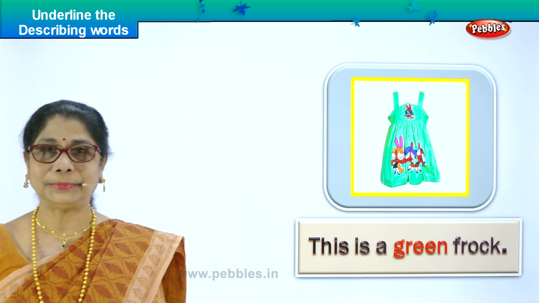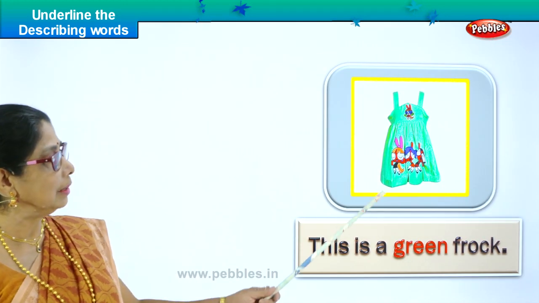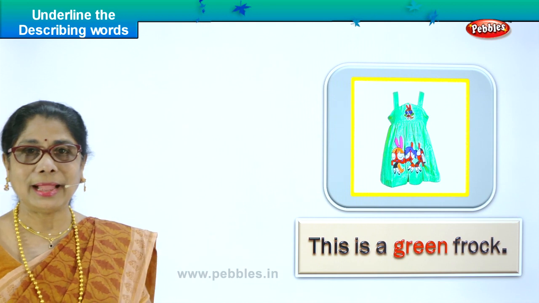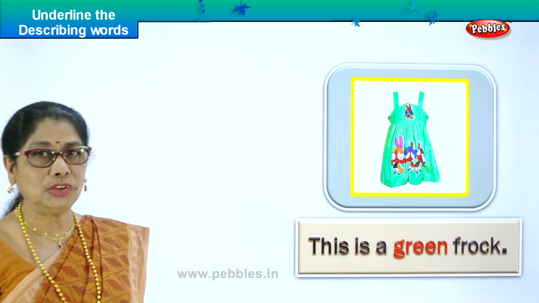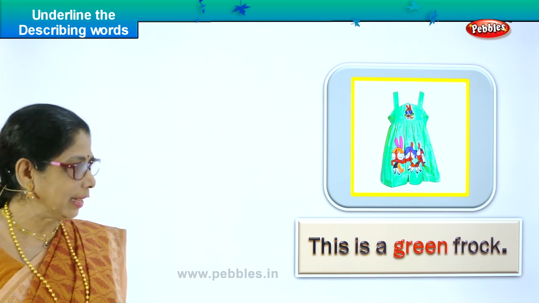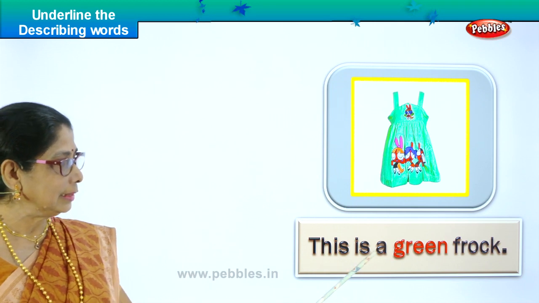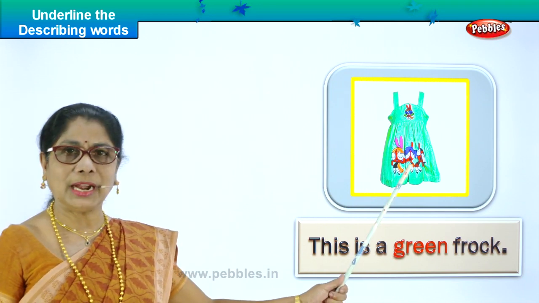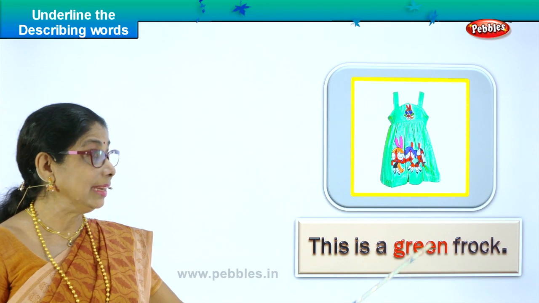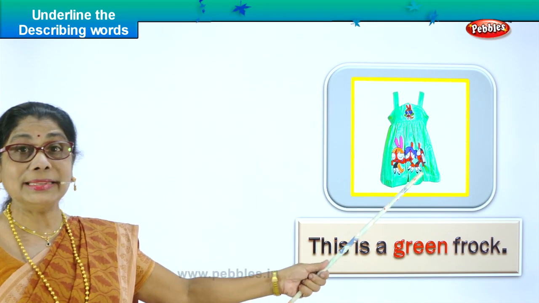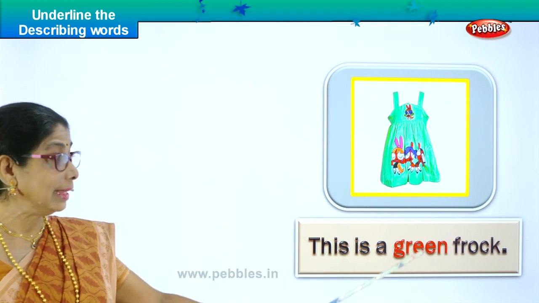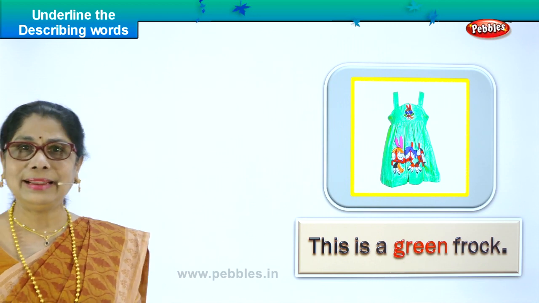Look what you have here. I'm sure the little girls will love this pretty dress. A pretty, lovely, new dress. Yes, let's read. This is a green frock. What's the color of the frock? Green. The frock is new and it describes it saying that it is green in color.